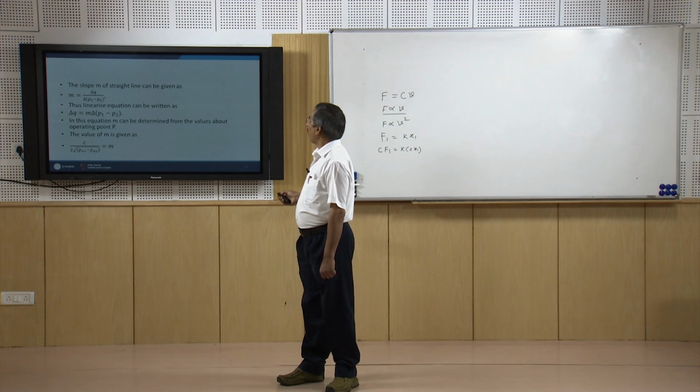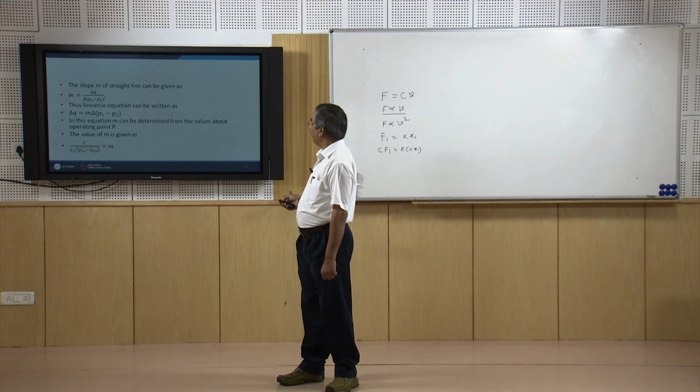Then the slope of the straight line can be given by delta q by delta P1 minus P2, and thus the linearized equation can be written as del q is equal to m del P1 minus P2.